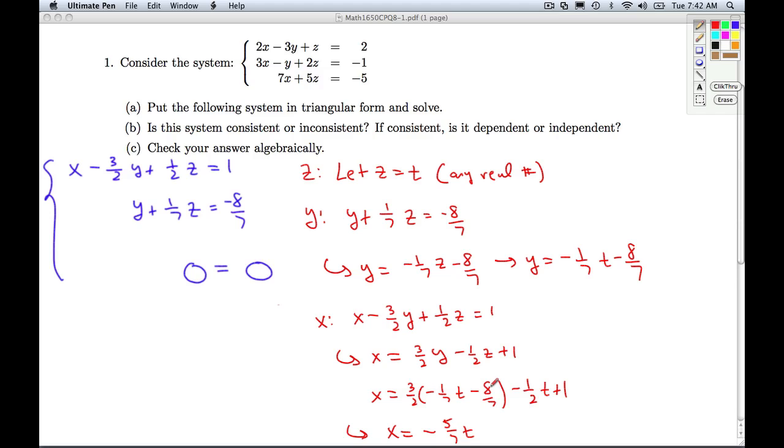When I multiply this through, the 2 goes into the 8 4 times. I get a negative 12/7 plus 1. That would be 5/7. So I get negative 12/7 plus 7/7 is minus 5/7. And that's what I get for x.